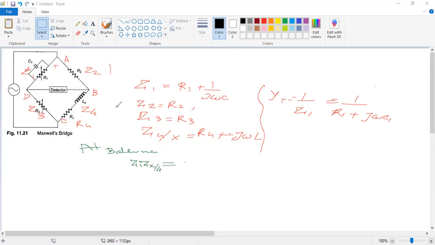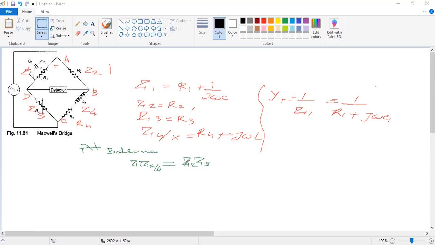Then Z2 and Z3, opposite two arms. In this case, inductance and capacitance are unchanged, and only R is varying. So we have to adjust R so that the multiplication of R2 and R3 becomes equal to the impedance product of Z1 and Z4.